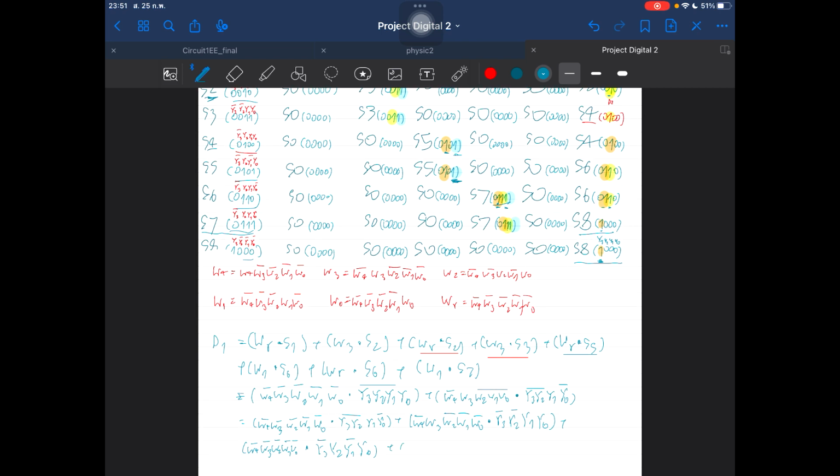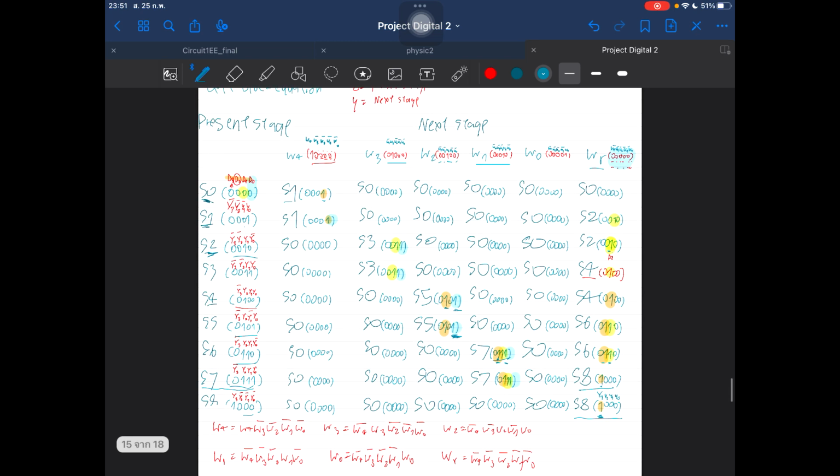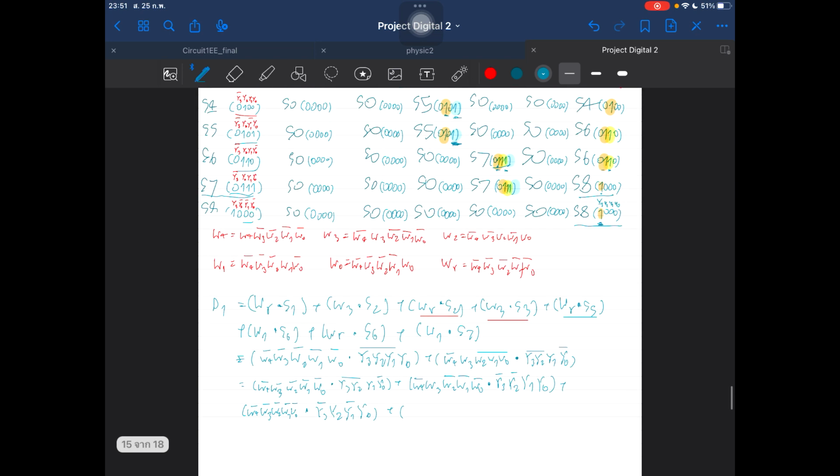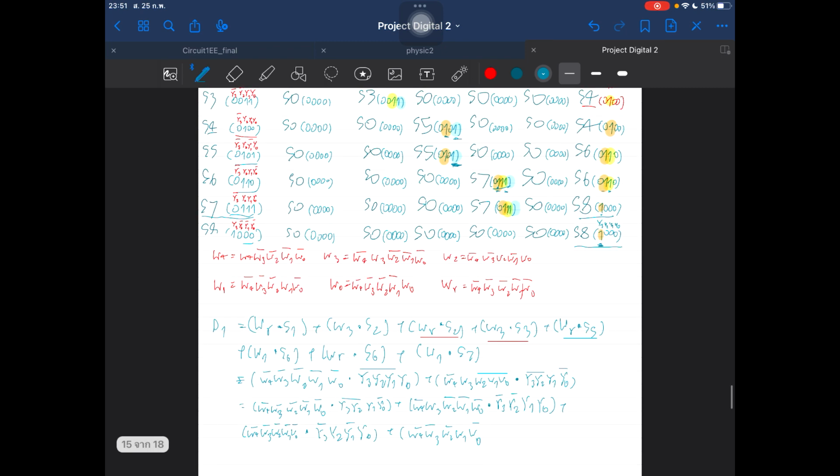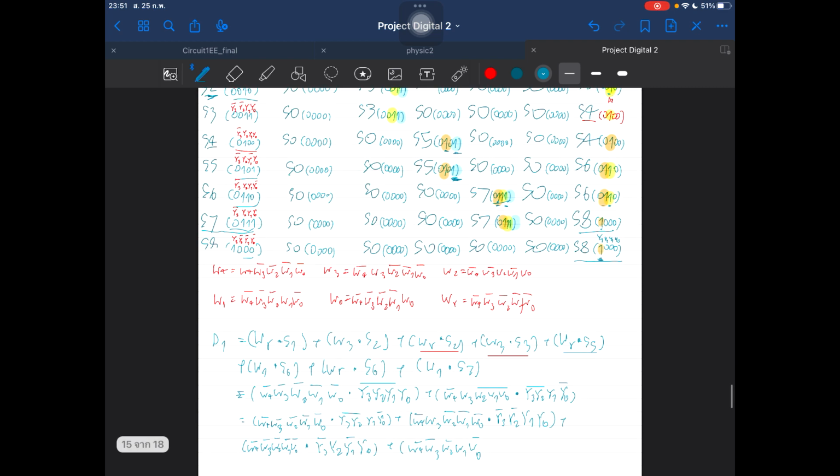The next equation is W1. W1 is W4 that, W3 that, W2 that, W1, W0 that. And with state 6 name is Y3 that, Y2, Y1, and Y0 that.